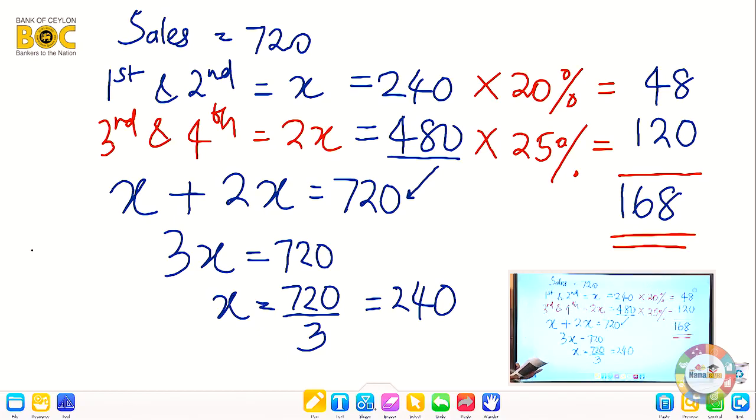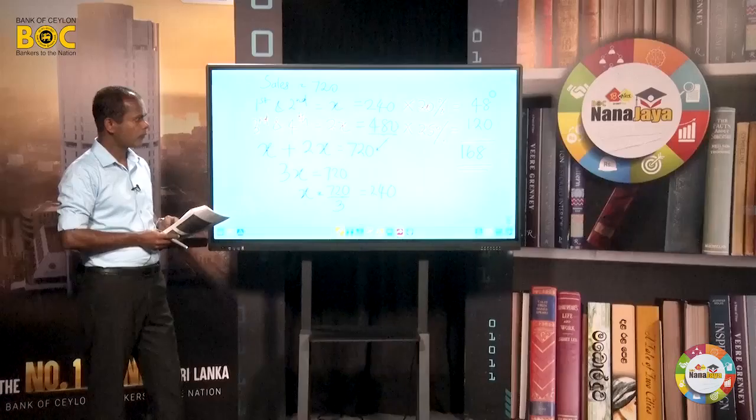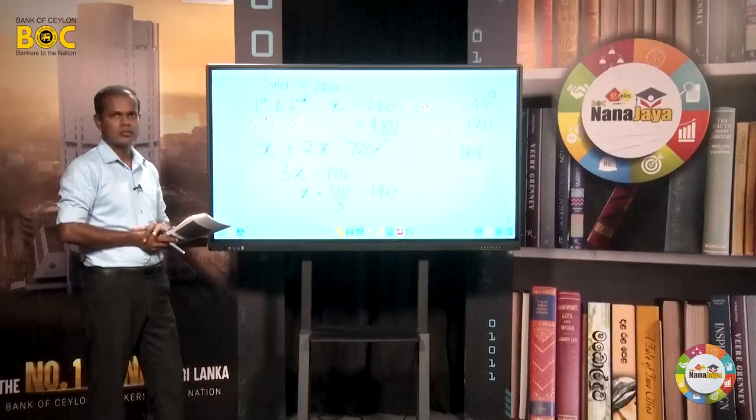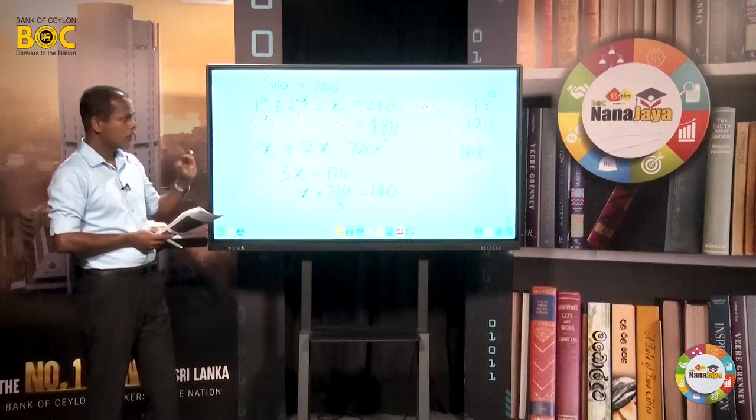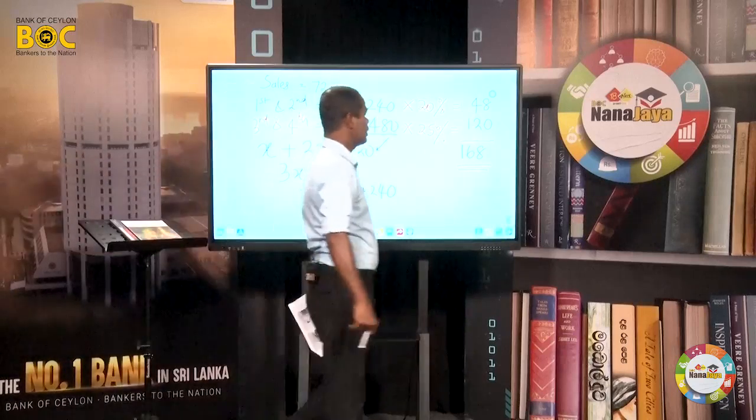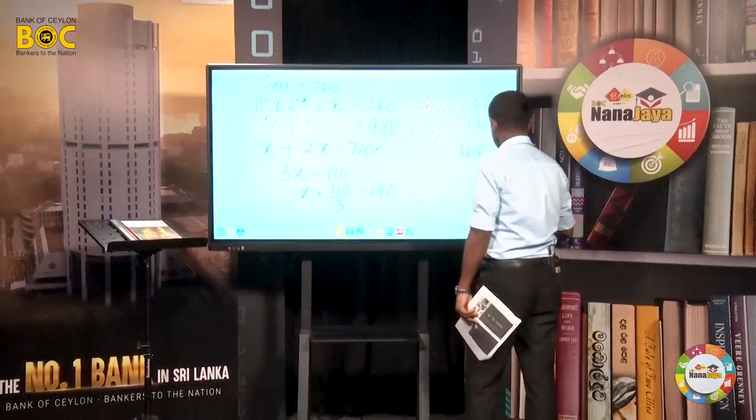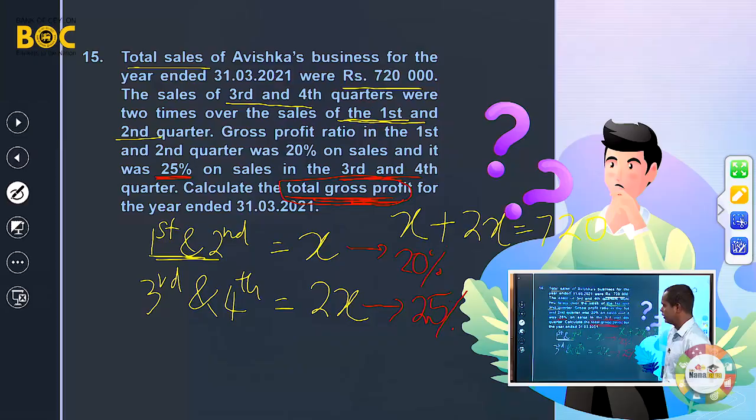How did we calculate it? We separated sales into the first two quarters and the second two quarters. The first two quarters you got 240,000, the second two quarters 480,000. Their profit percentages are different. Why?